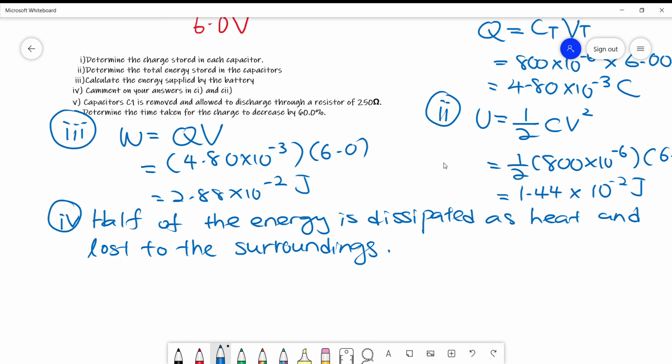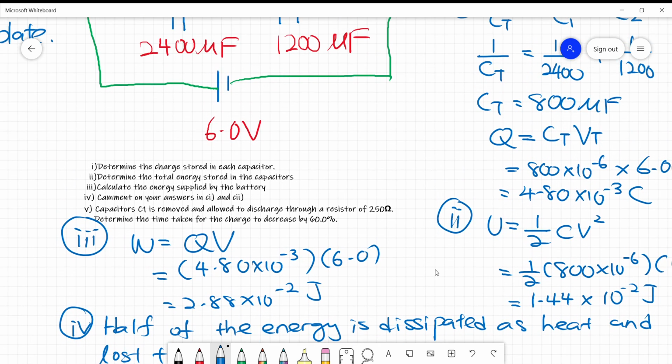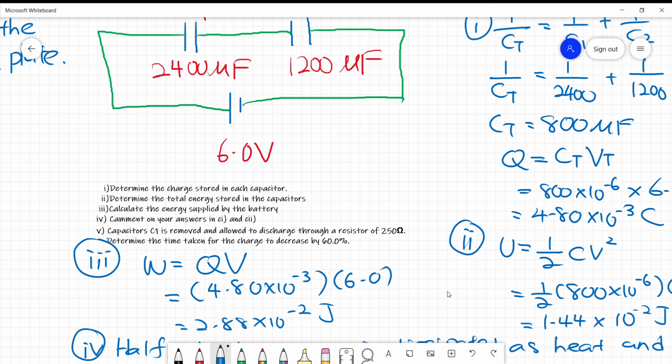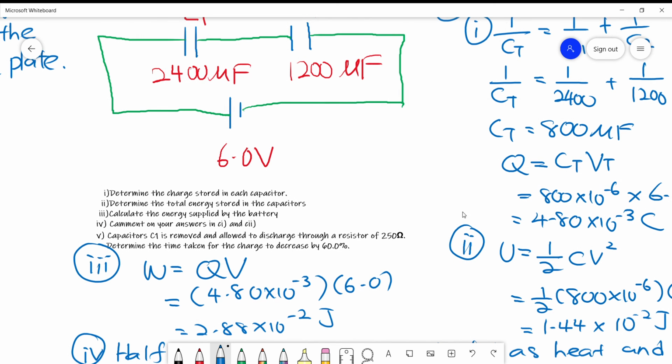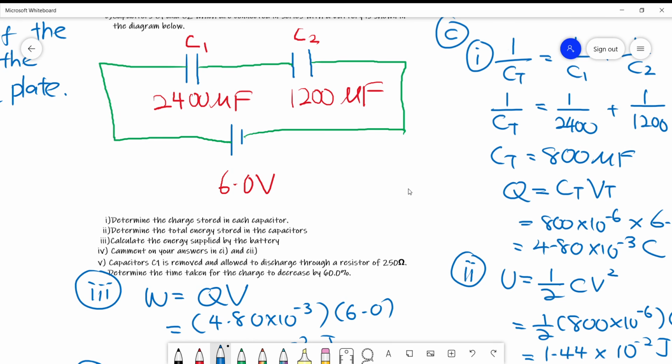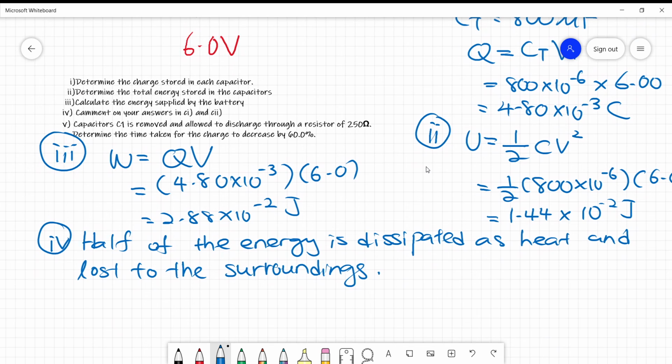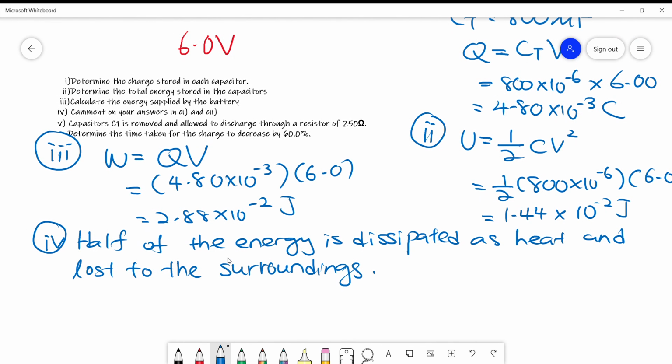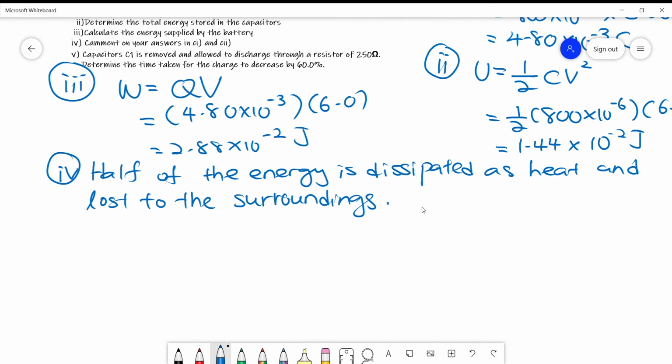Half of the energy is dissipated as heat and lost to the surroundings. Or I can say that half of the energy is used to overcome the resistance exerted by the wire. So this green line is the wire. So that's another explanation, but the best explanation is half of the energy is dissipated as heat and lost to the surroundings. So this is question number 4.